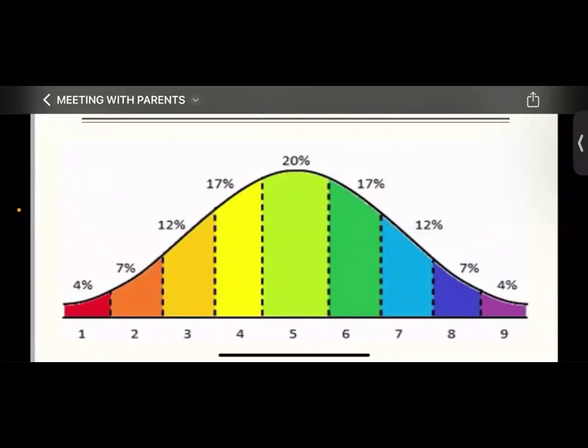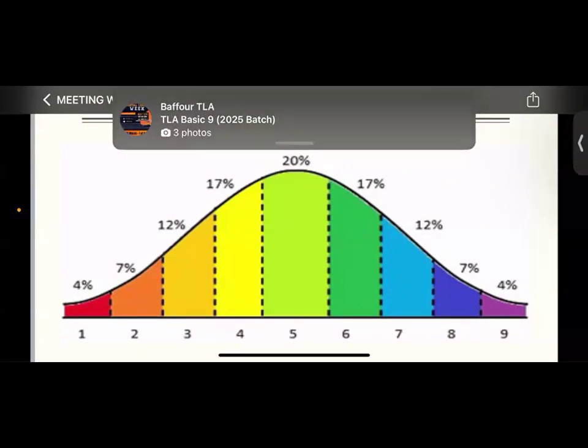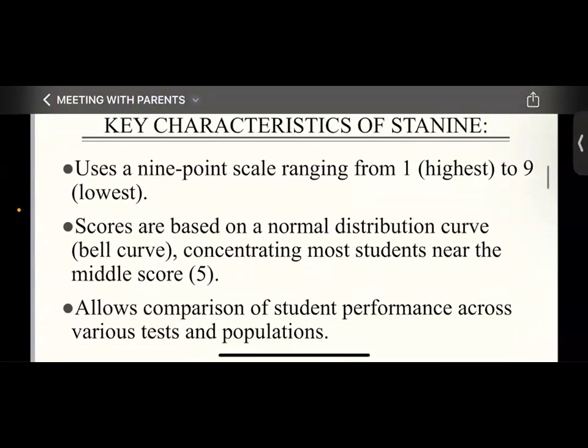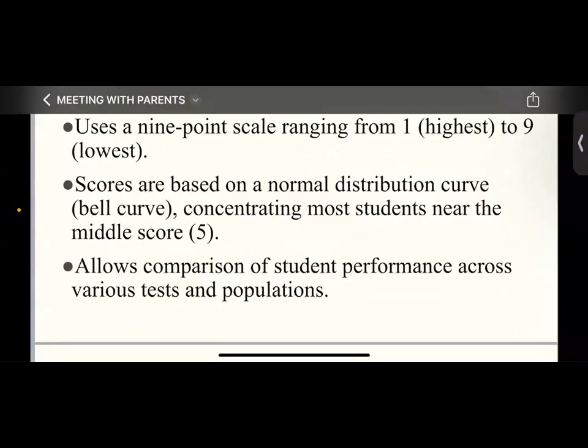So the highest percentage of all of you going to write the exam, no matter how best you perform, are going to be forced into 4, 5, and 6. All right, let's move on. It allows comparison of student performance across various tests and populations.